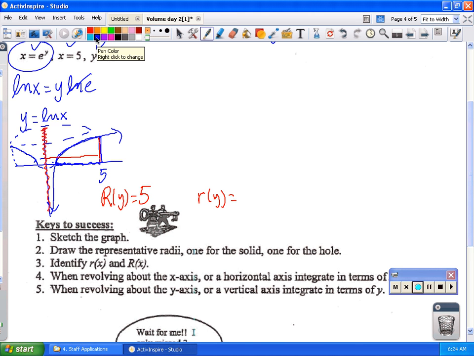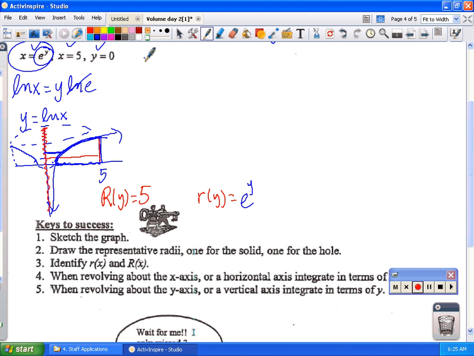The inner radius is the distance from the axis of revolution to the inside curve. Now be careful, because we're in terms of y, the distance from the y-axis to the inside curve is going to be this function, but it's going to be in terms of y. So that distance is represented as e to the y, not ln of x. We want the function or the problem in terms of y.